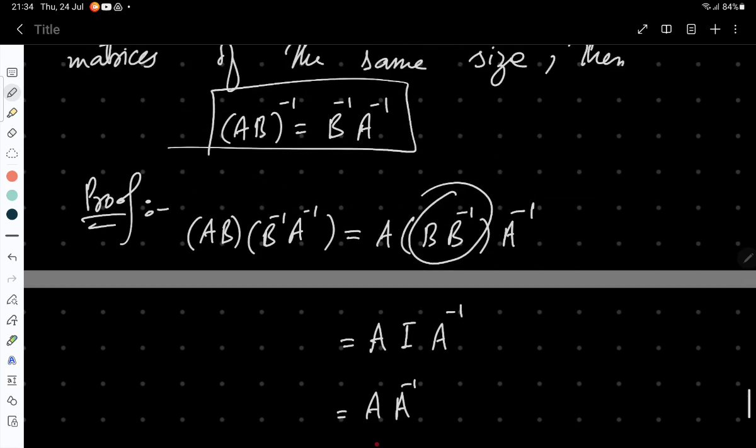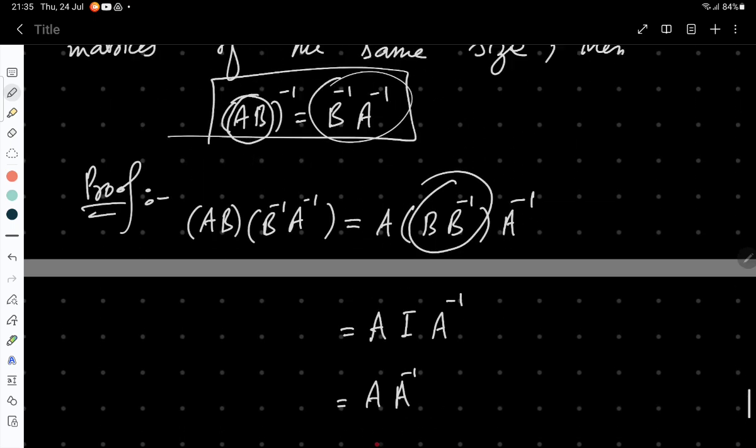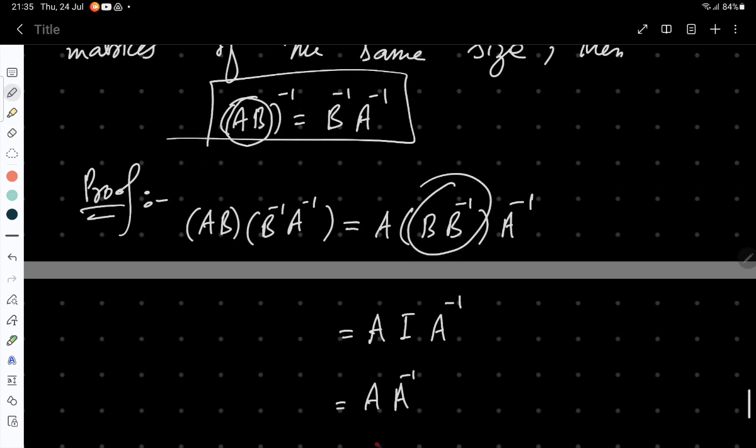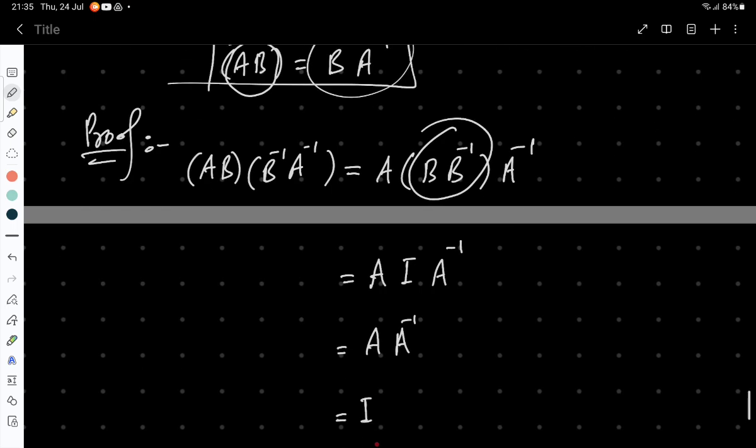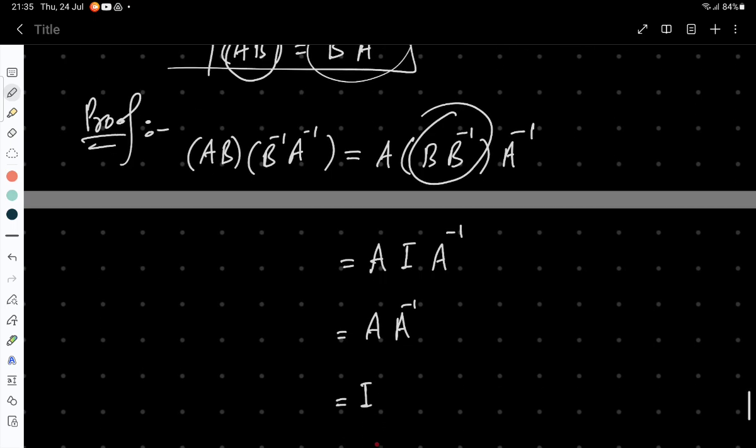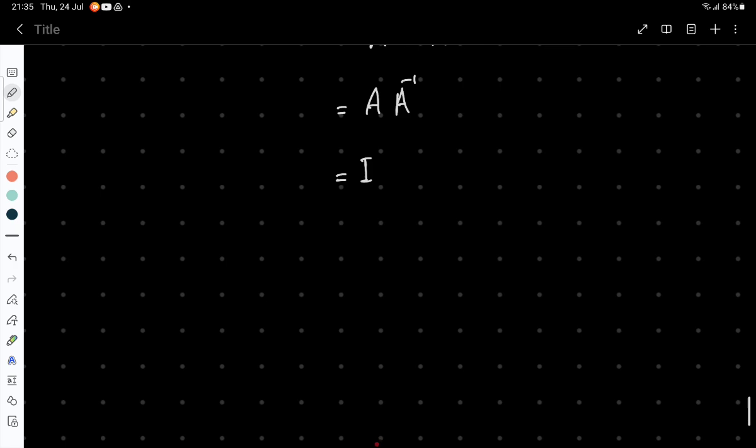So you can check, I multiplied the matrix inside the inverse with this, I got the identity. This means the inside matrix and this matrix are inverses of each other.